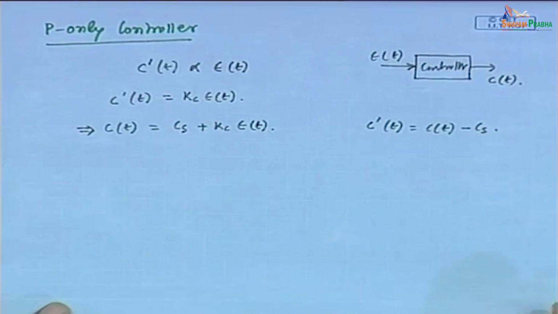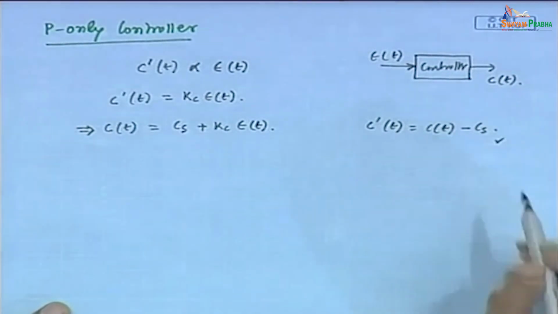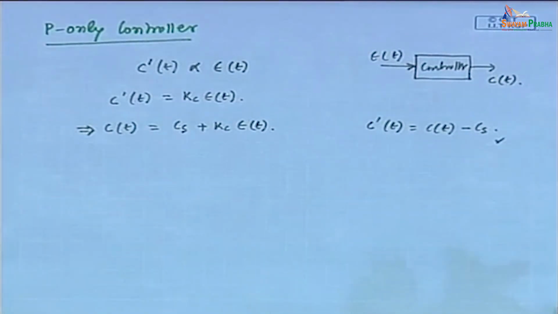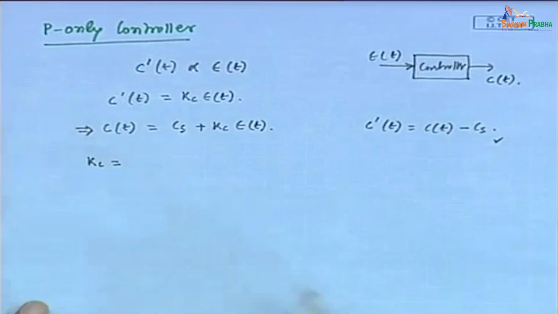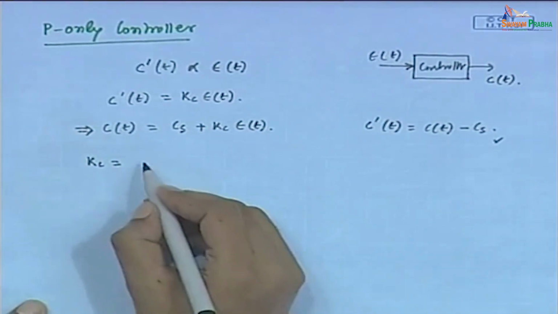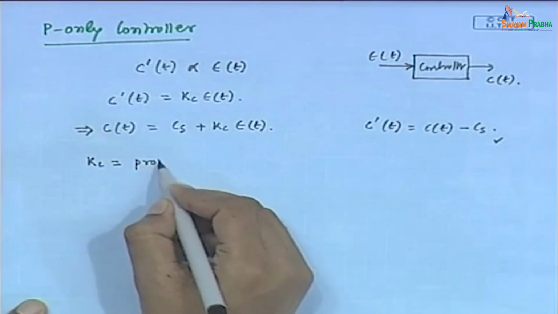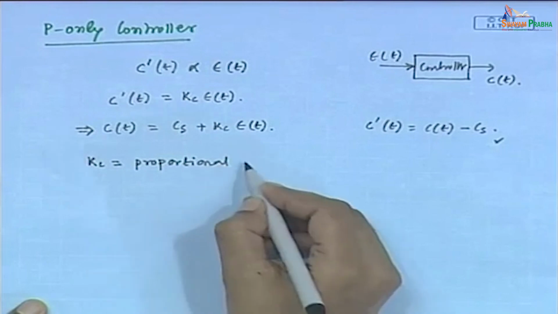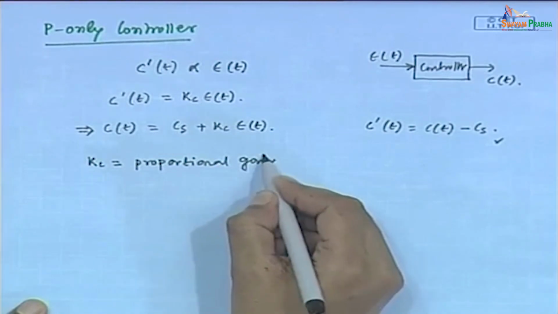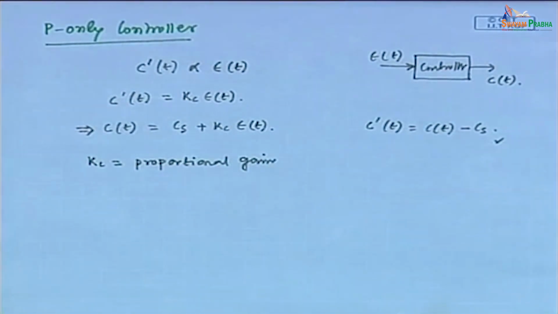So, C prime t we can write as Ct minus Cs. Now, Kc is the proportional gain of the controller.